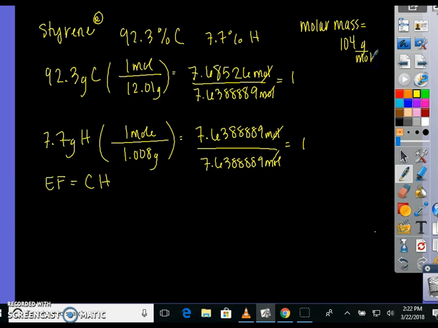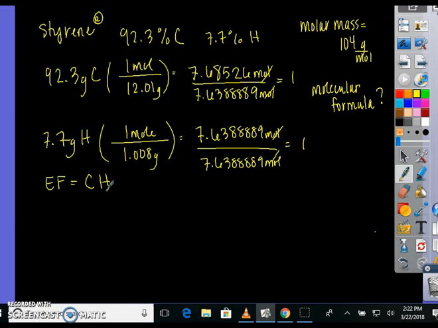Okay? And I'm going to use that to calculate the molecular formula. So I'm going to write the molecular formula, because that is ultimately what I am trying to solve here. I can clearly see that the empirical formula is not the molecular formula.